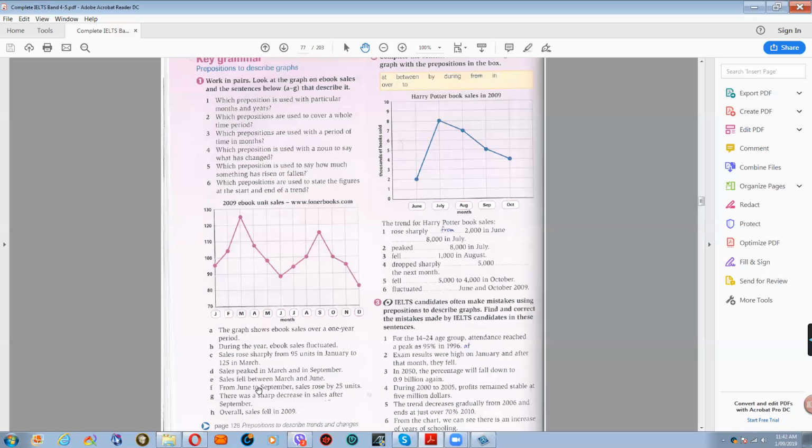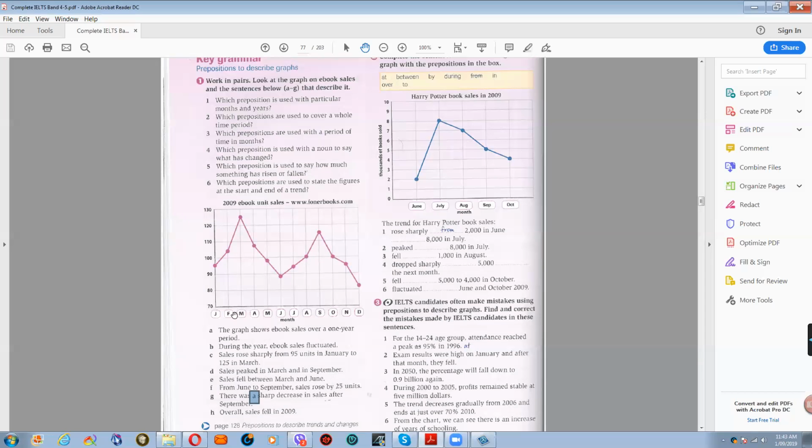Look at this one. Letter G. Yeah. Decrease in. A sharp. A sharp.